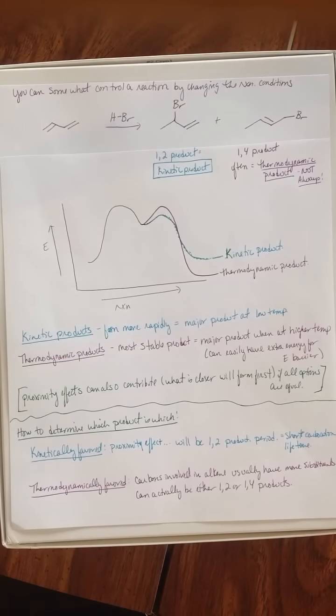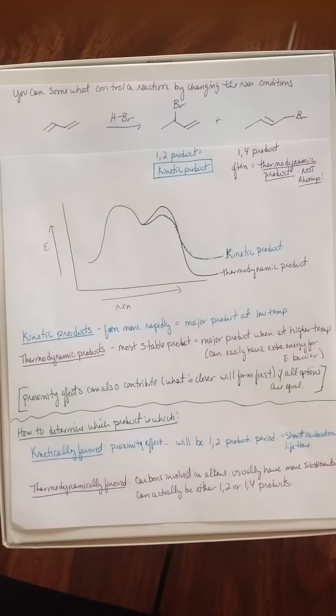My big point there: how can you tell which one's the kinetically favored product and which one's the thermodynamic product? Well, it's actually a little bit easier than what you might think. The kinetically favored product is the 1,2 product. So it's the one that's going to have a short carbocation lifetime. The nucleophile is going to get onto that positive charge really, really quickly.